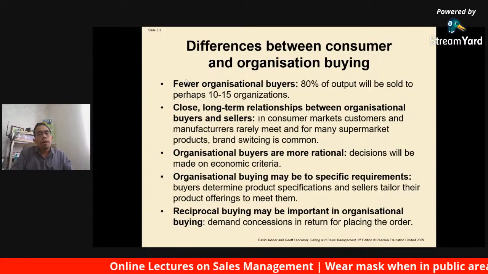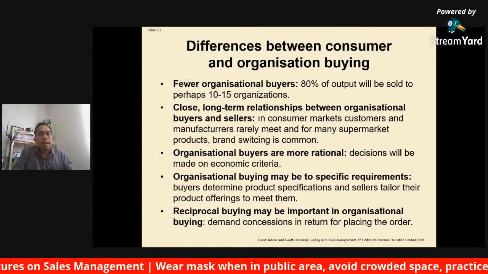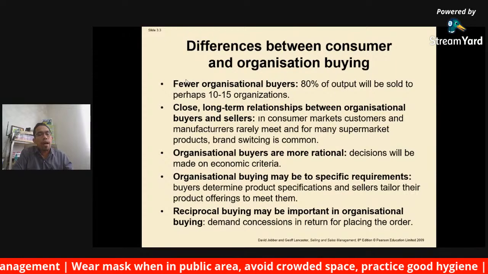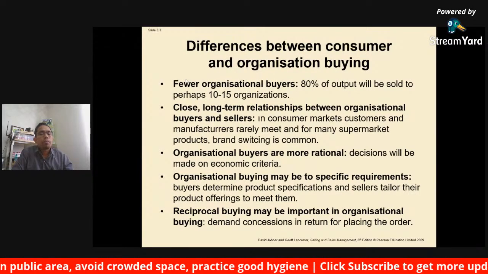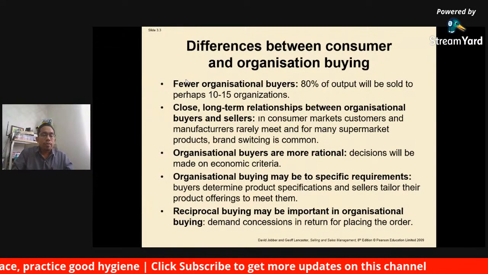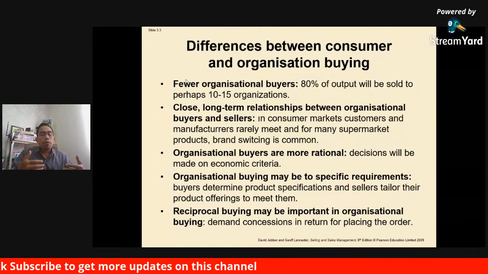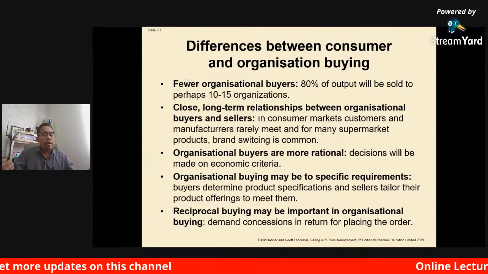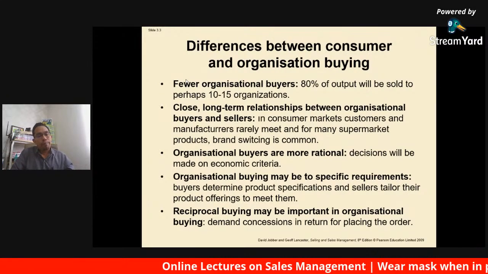First of all, there are fewer organizational buyers. 80% of output will be sold to perhaps 10 to 15 organizations. Why? Because, simple calculation, if too many business entities become buyers, who will buy the product?